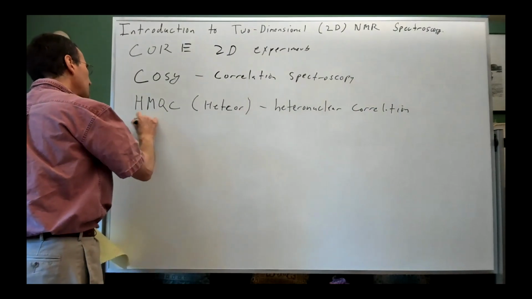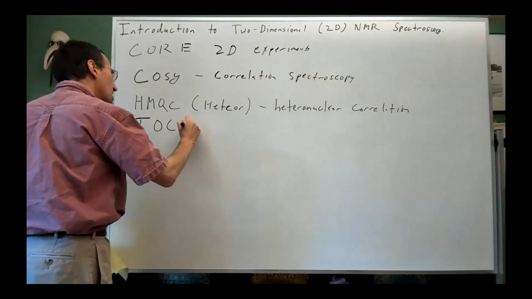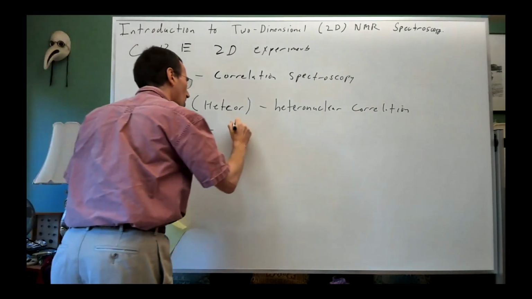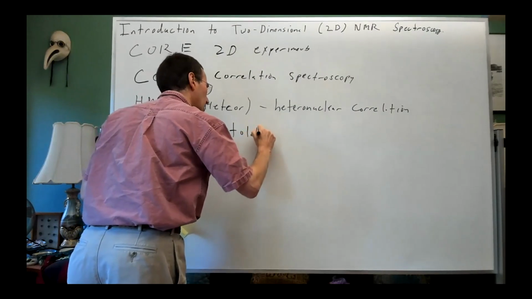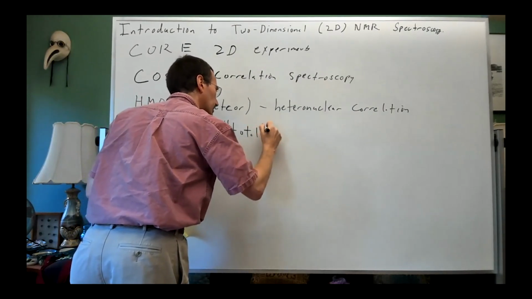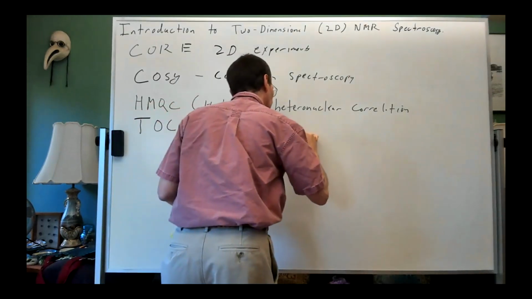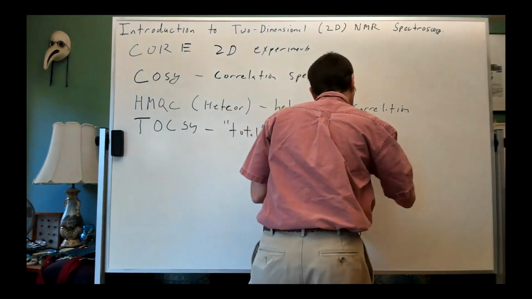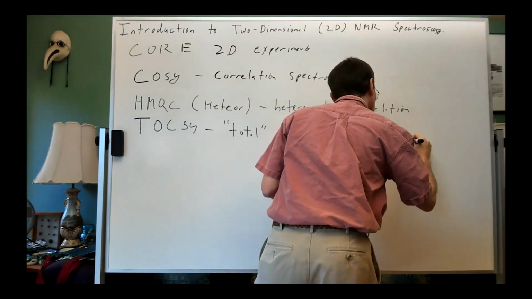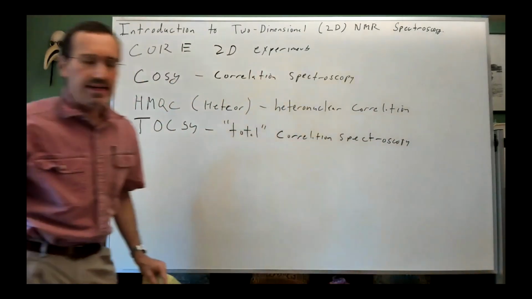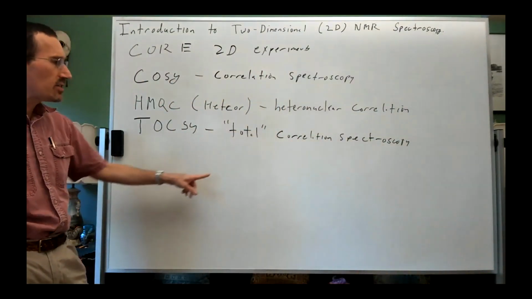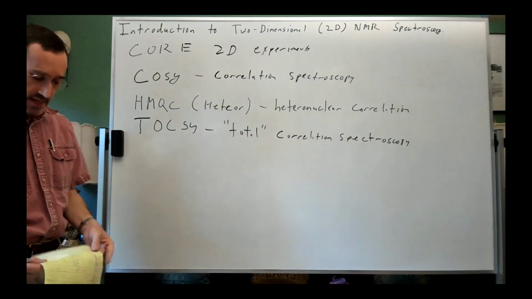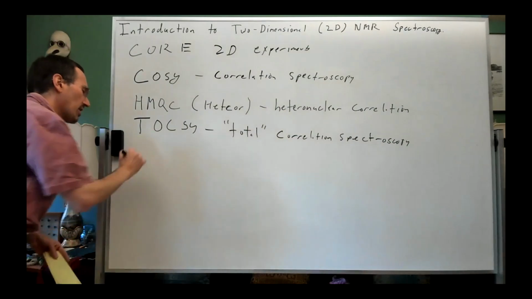An experiment that's kind of like the COSY is called TOCSY. It stands for total correlation spectroscopy. It's very good for picking out spin systems because all of the resonances in one spin system, within limits, give cross peaks with each other.